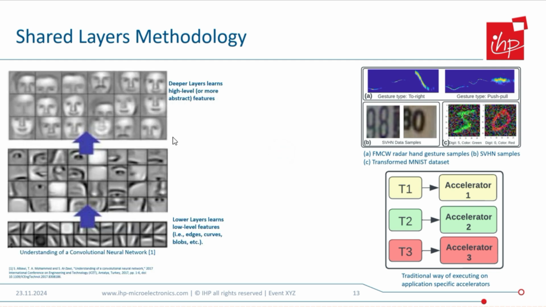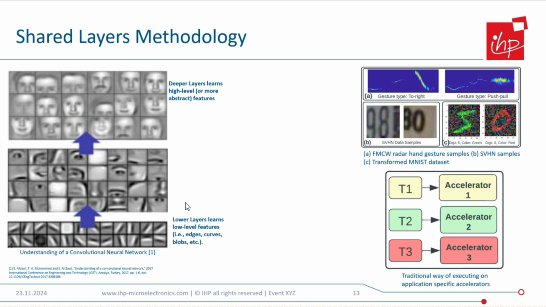So if you have a look at the CNN architecture, convolutional neural networks, the way it works is that the lower layers, or the initial layers of the convolutional neural network, learn the low level features like edges, curves, and blobs.